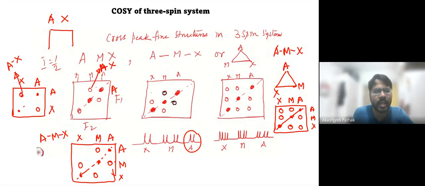And this is your AM cross peak, because your A is coupled to M. This is your MX cross peak. This is your AM cross peak. So if we look at the fine structure of the AM cross peak, then what will happen?